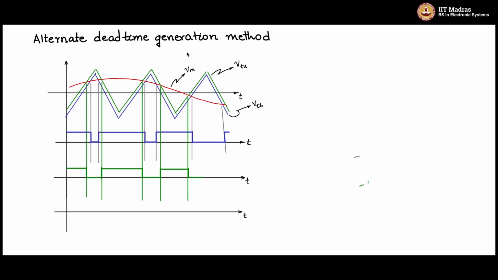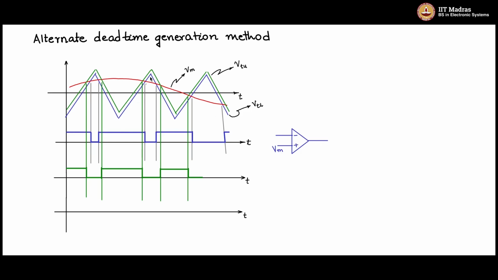Now with respect to these variable names, let me draw the op-amp. So for this waveform, the output is coming from this comparator in this fashion. So this plus, minus, I'm going to have the modulating signal Vm here, this one. And here I'm going to have the triangle. Which triangle?